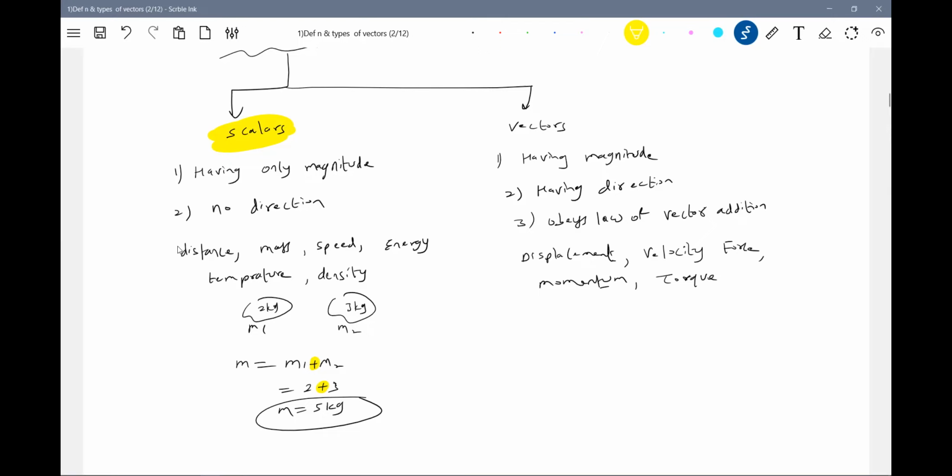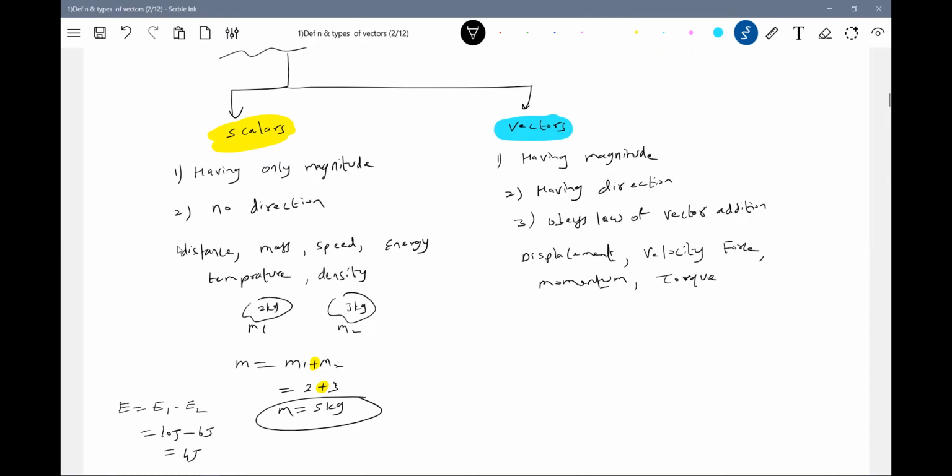Now, how to add quantities which have magnitude as well as direction? Only magnitudes we know. Suppose a body has energy, and I ask you the difference in energy: 10 joules minus 6 joules.